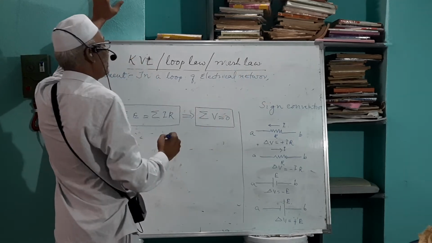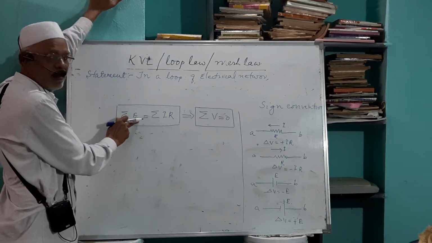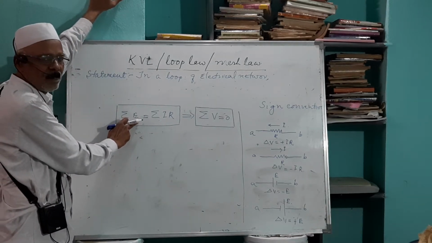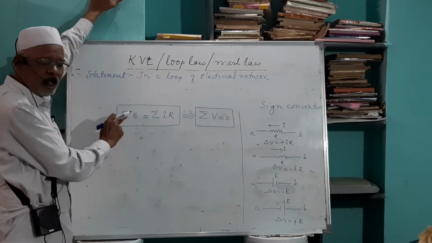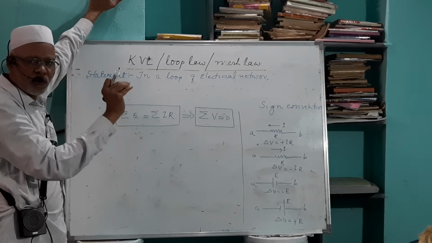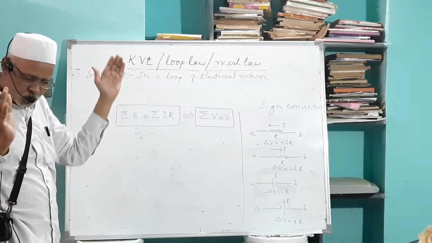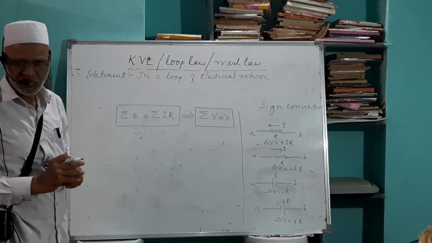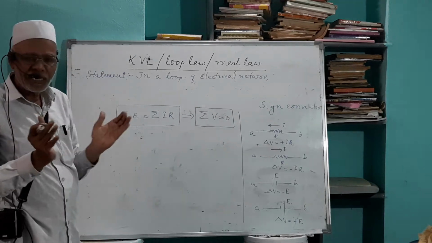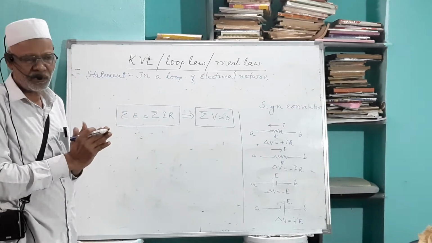you can write that the algebraic sum of EMF, E stands for the EMF. So you have to add up the EMFs in the whole circuit. How many cells are there? Those EMFs we have to add up in the circuit. Say, for example, 2 cells are there. So you have to add up the 2 cells using the sign convention.